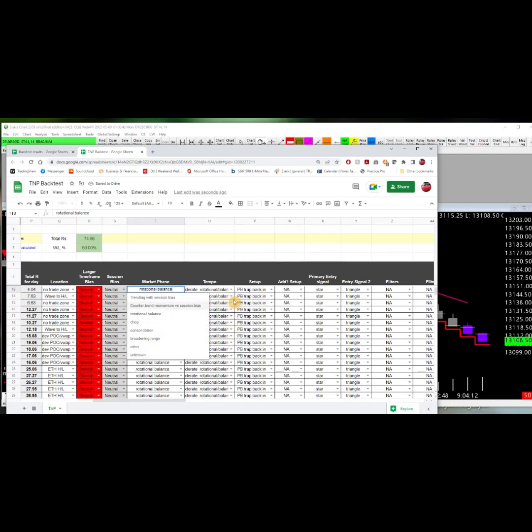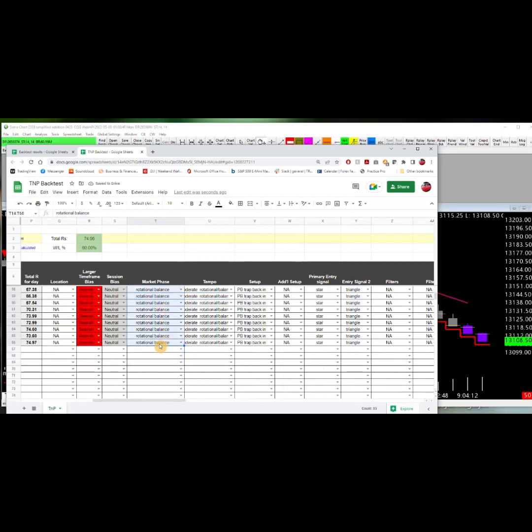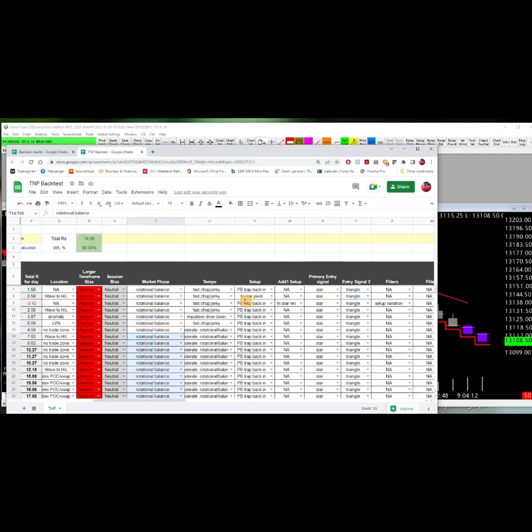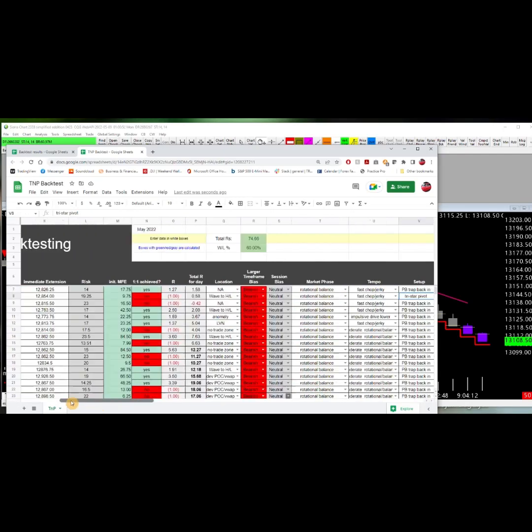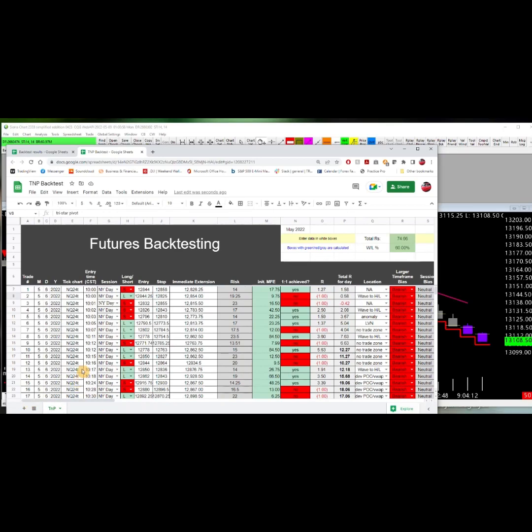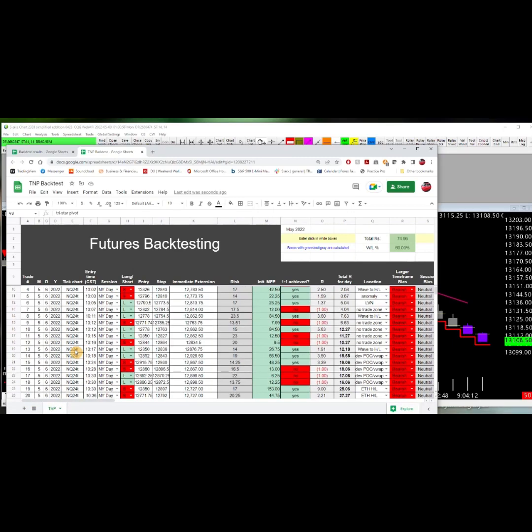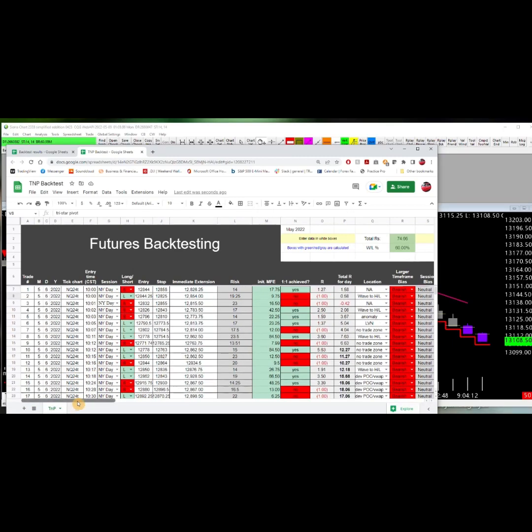And then you can Control C, Control V, or even drop all these like this, and then Control V, and it will paste it just like any other spreadsheet. So that should get you pretty far.